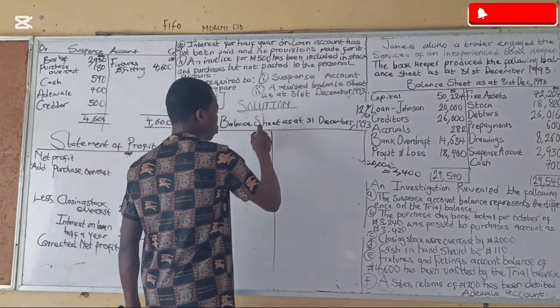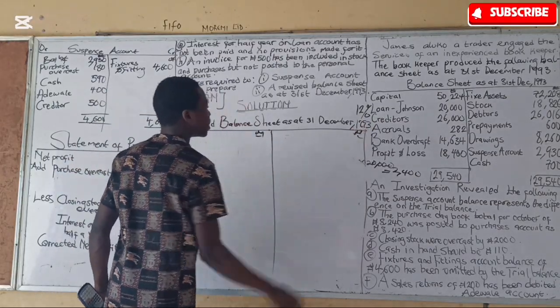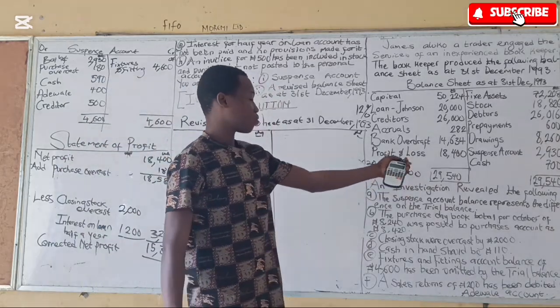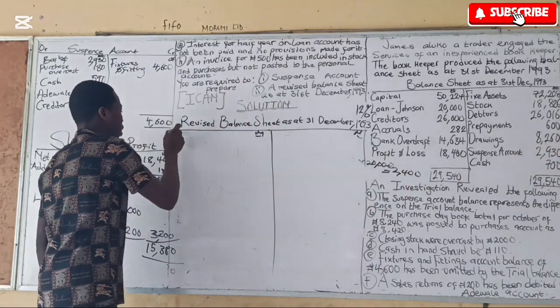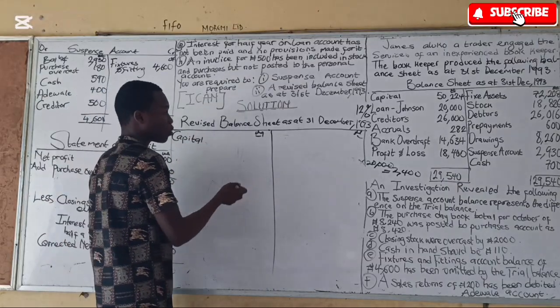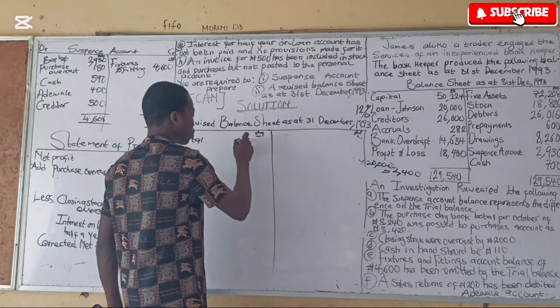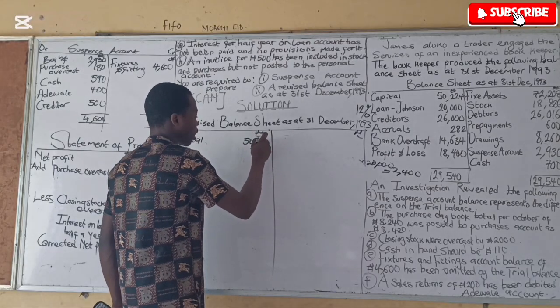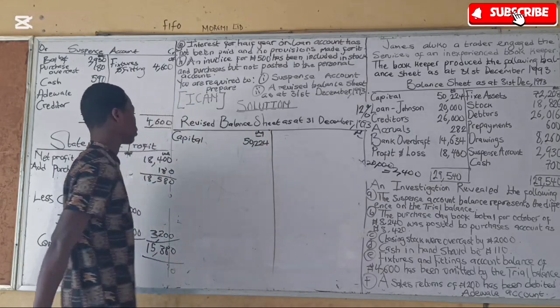Now let's start with what we have at the debit side. We don't have debit and credit here, but let's start from the left hand side. So we have capital. Nothing affects the capital, right? So we are going to write the amount back, which is 50,224 naira.